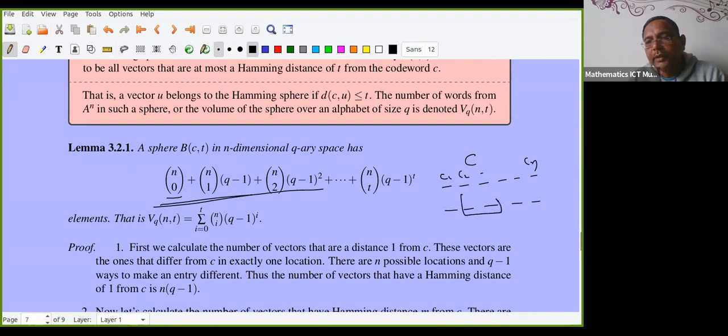Once I choose these two places, the entries there should be different from the code word's. There are total q symbols, so each place has q minus 1 choices. Now, I am constructing a ball of distance t, so distance 1, distance 2, distance 3, all of them have to be added.